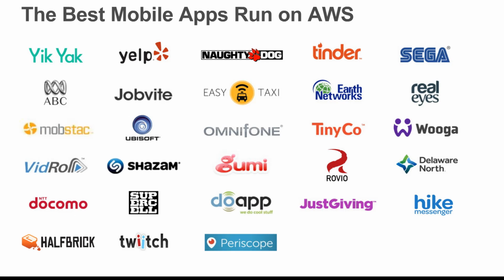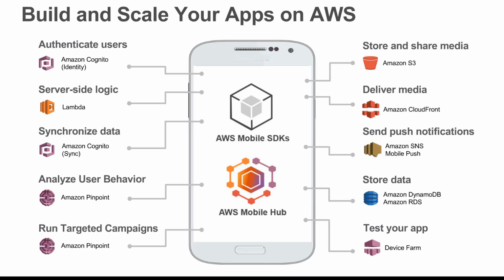So briefly, I'll pause on this slide. We're very proud of our customer base and some of the great apps that run on top of AWS. Those apps and our customers come to AWS because of the large number of services we have for building web and mobile apps. There are a few of them here on this slide that I'll touch on briefly so you're aware of them.